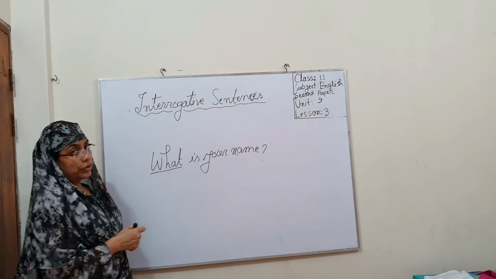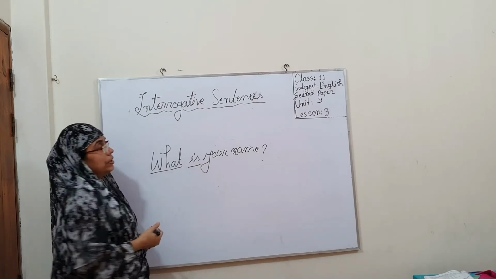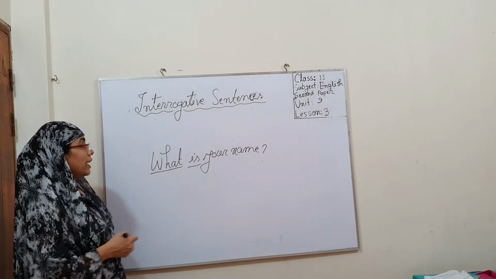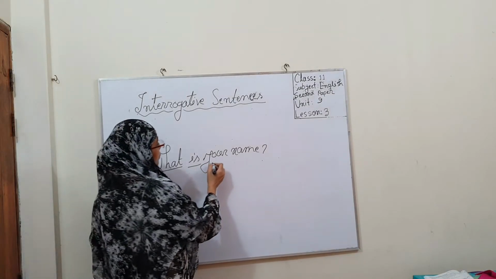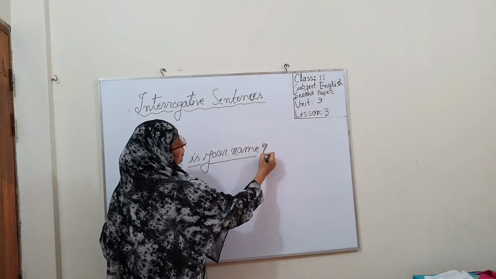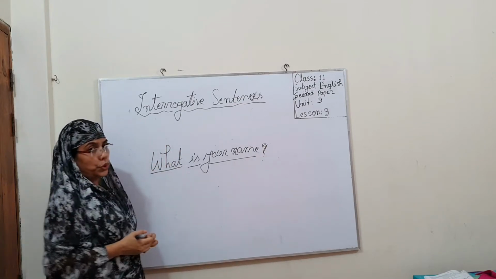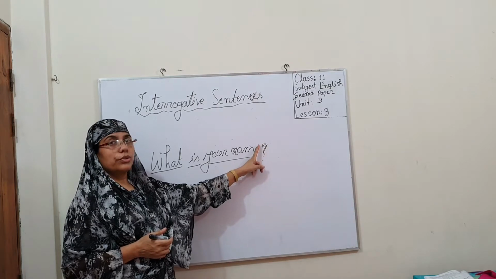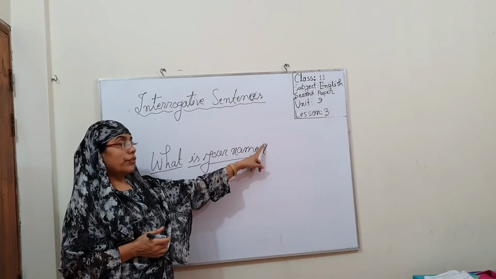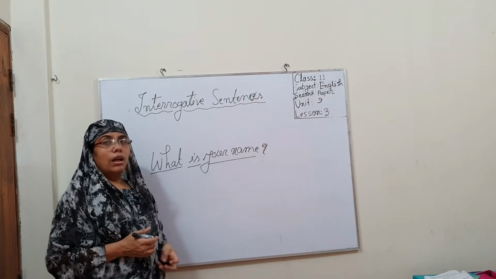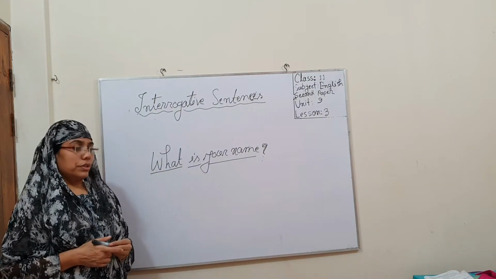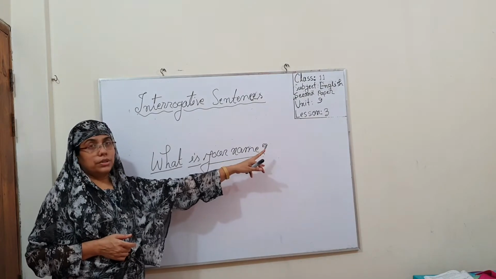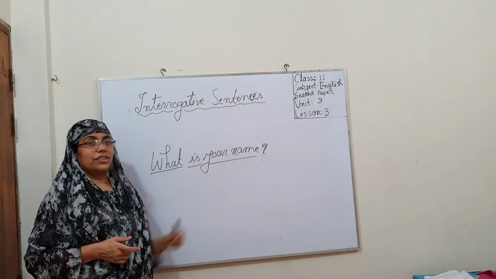Then, of course, we use a verb, that means it may be an auxiliary verb or a verb, and then subject. After that, we will use a note of interrogation. And it is a very important thing. If we don't use this mark in our writing, then it will not be an interrogative sentence. So you should be very careful to put an interrogative sign at the end of this sentence.